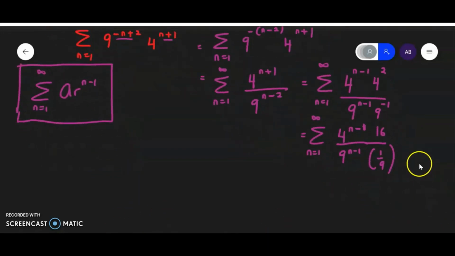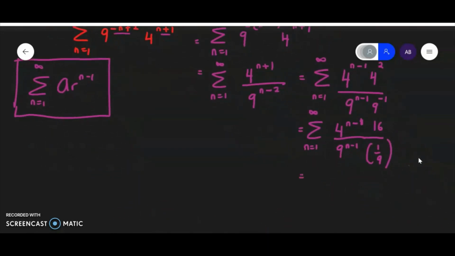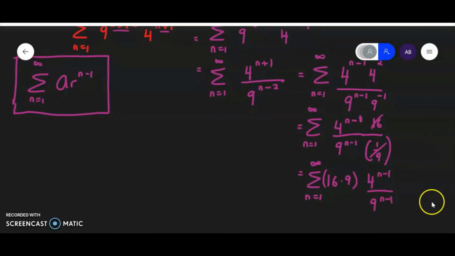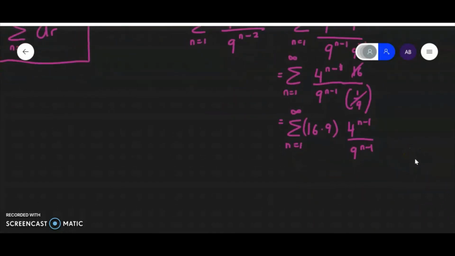Okay, now simplify the term here. I have the summation from n equals 1 to infinity of 16 times (1/9), and then 4 to the power of n minus 1 over 9 to the power of n minus 1. So we can see that this term gives you a geometric series. 16 times 9^(-1)... that is 16 over 9 times (4/9)^(n-1).